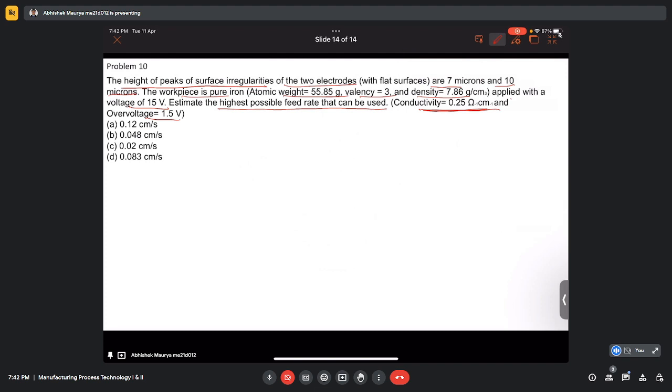So if you see the tool and workpiece surface, they are not flat at the atomic level. So again there will be some roughness on the tool and the workpiece. Just for the schematic I will draw something like this. Suppose this is the tool. This is just an exaggerated view.